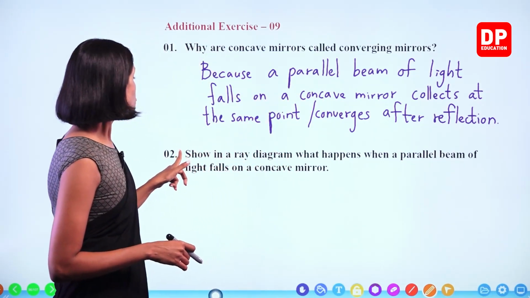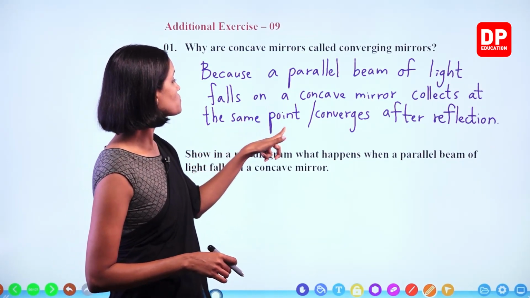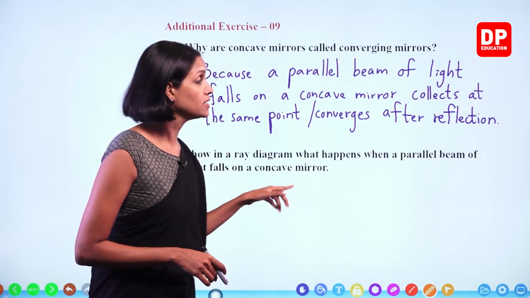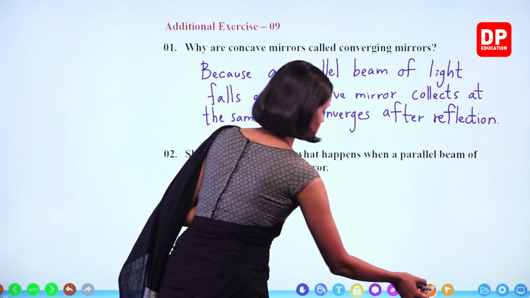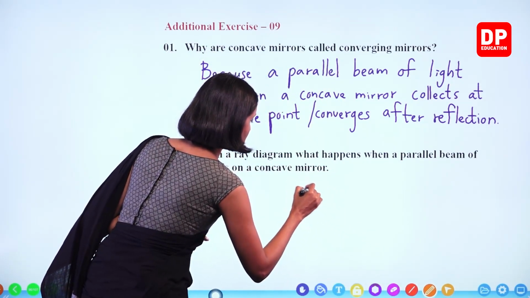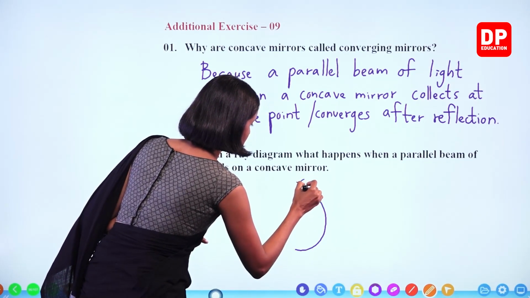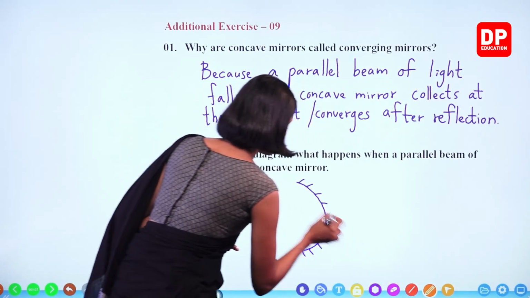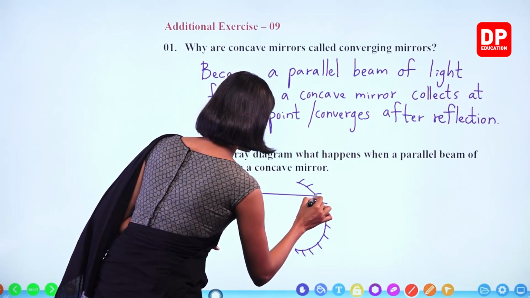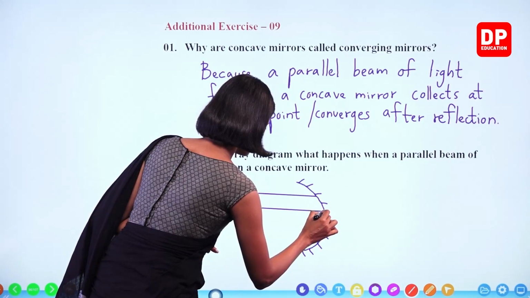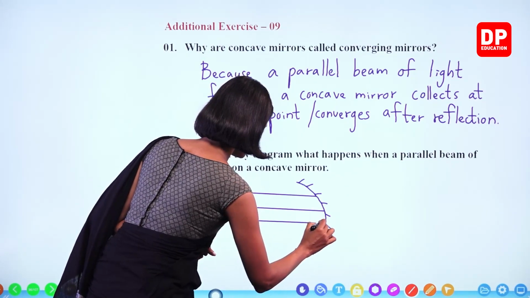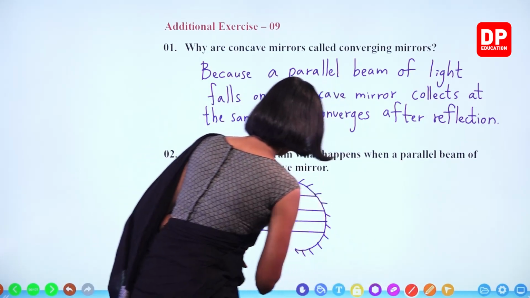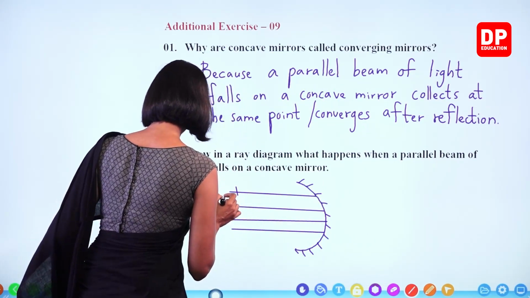Okay? Show in a ray diagram what happens when a parallel beam of light falls on a concave mirror. We will draw a concave mirror. This is the back of the mirror. Parallel beam of light falls. And the arrowheads.